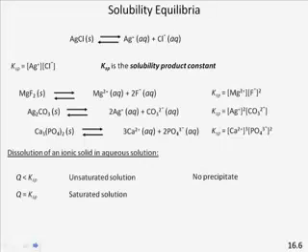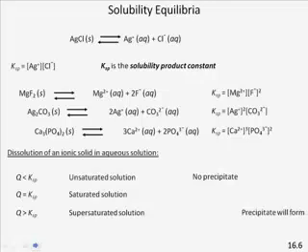Remember, saturated means the dissolving and recrystallization processes are going on at the same rate. And Q greater than the KSP is a supersaturated solution, and there we would get a precipitate, or a recrystallization of the solute.